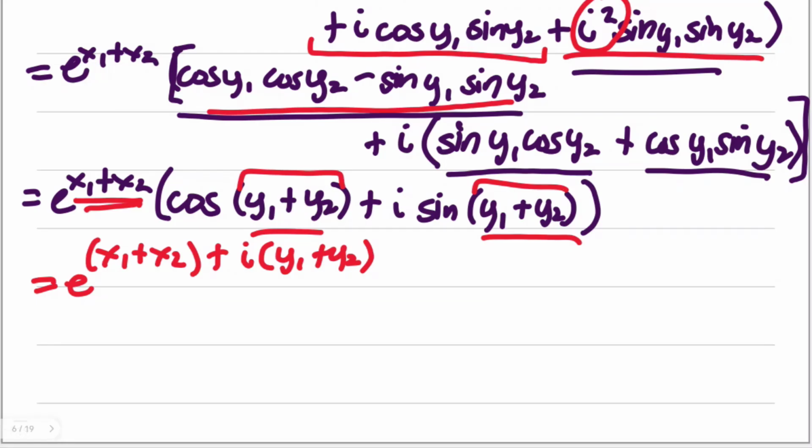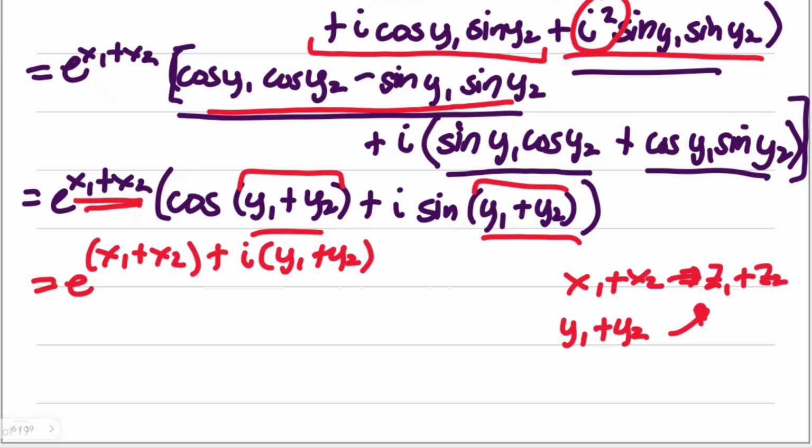Okay, we can now look into this perspective that x sub 1 and x sub 2 together with y sub 1 and y sub 2 are actually the sums of the coefficients of your z sub 1 and z sub 2. This will be the sum of the real part, and that's the sum of the imaginary part.